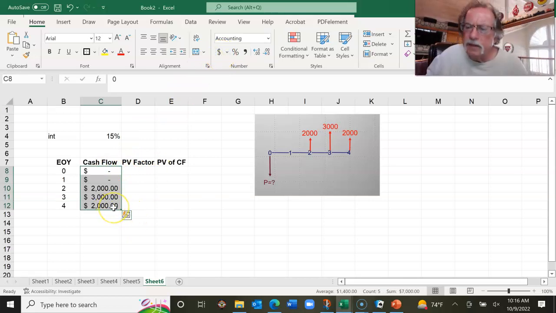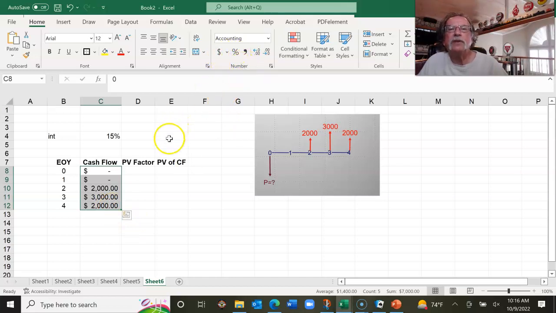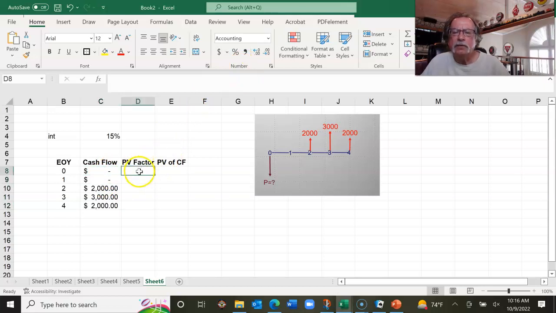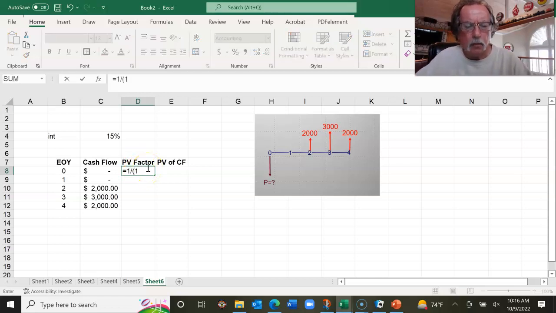So Excel, when you use some of these formatting systems, will treat this as a 0. So this is P equals F over (1 plus i) to the n, which equals 1 divided by (1 plus i) raised to the nth power.